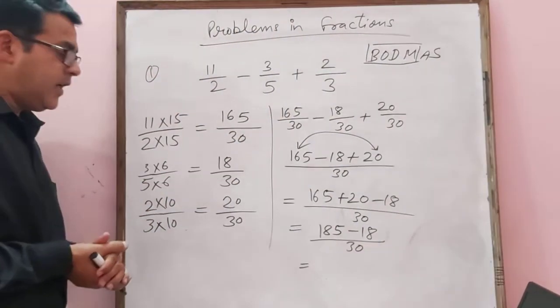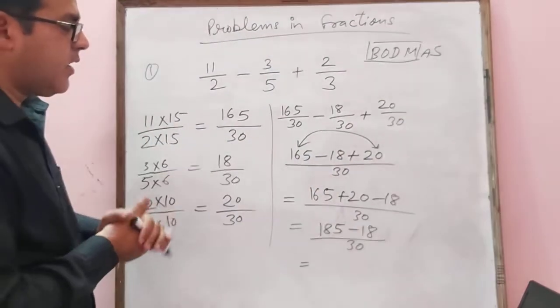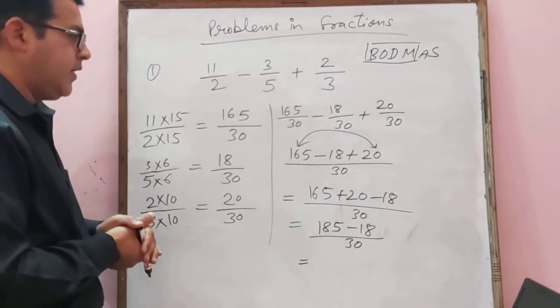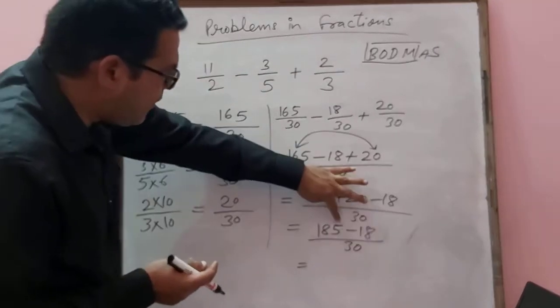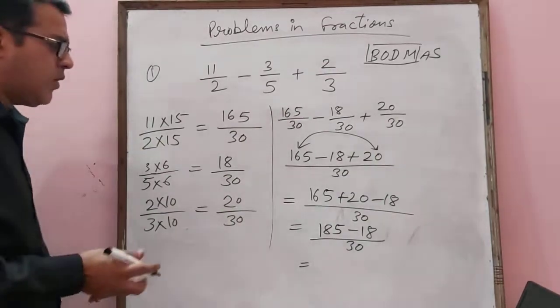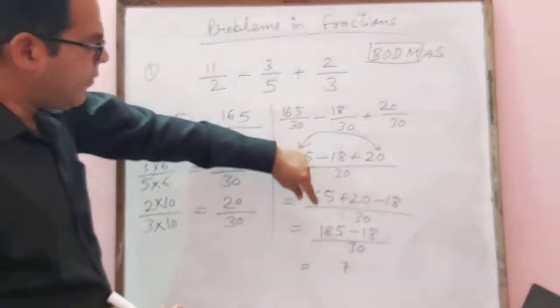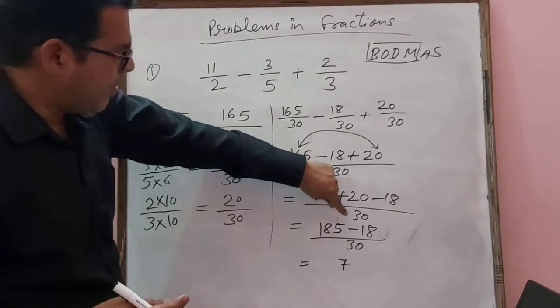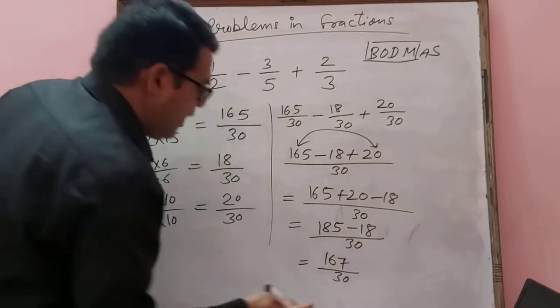Hope you are understanding. Now 185 minus 18, we have to subtract 18 from 185. So here is 15, 15 minus 8, what will come? It will be 7. Now after taking borrow, here is 7. So 7 minus 1 is 6 and 1. So we can write it 167.